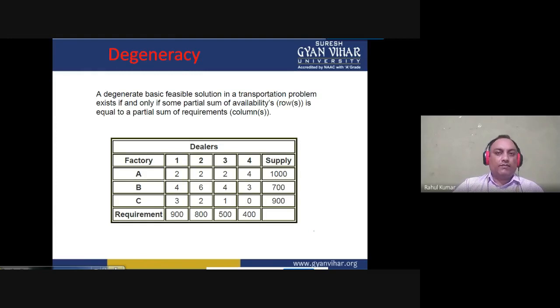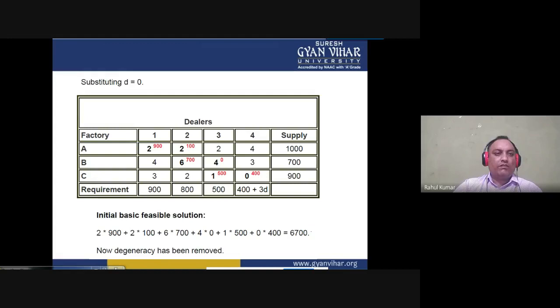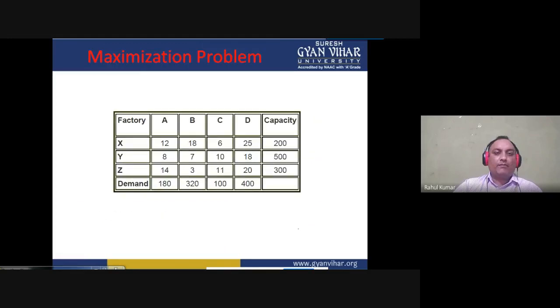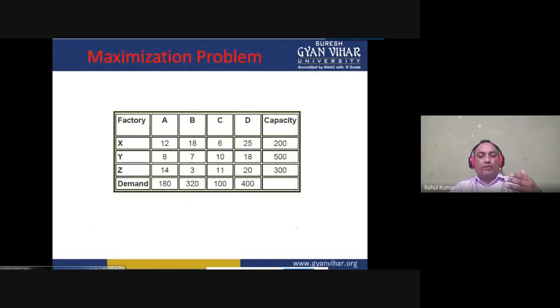This is the degeneracy problem, and the maximization problem, and we convert this maximization problem into a minimization problem also, right?